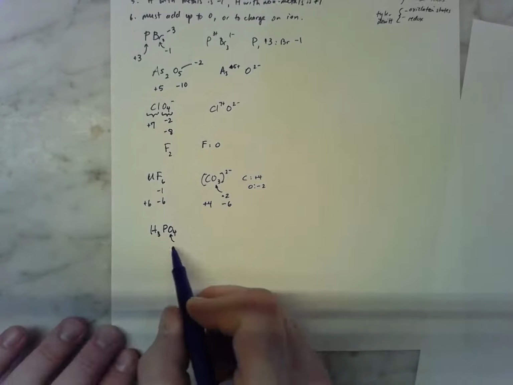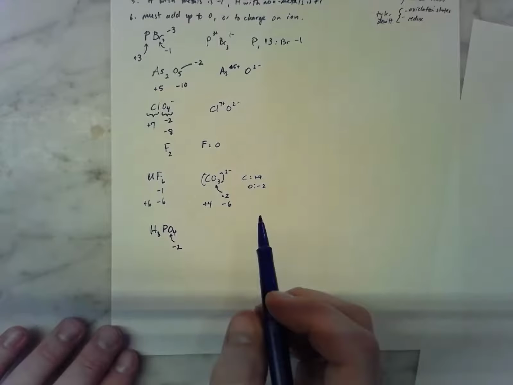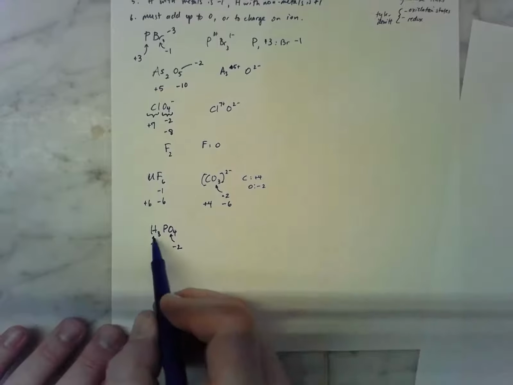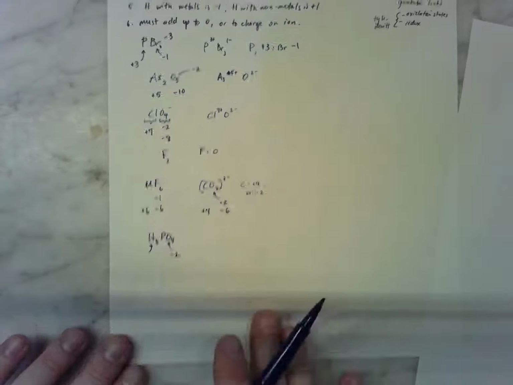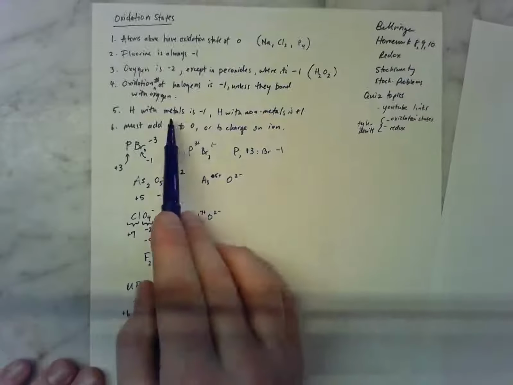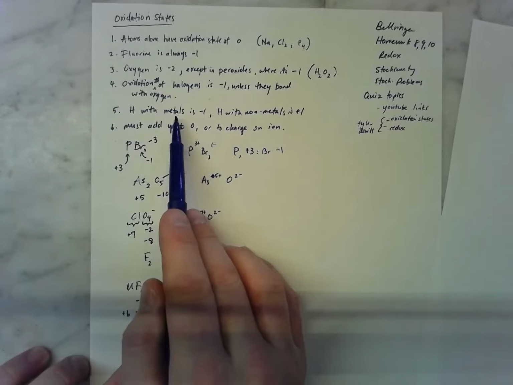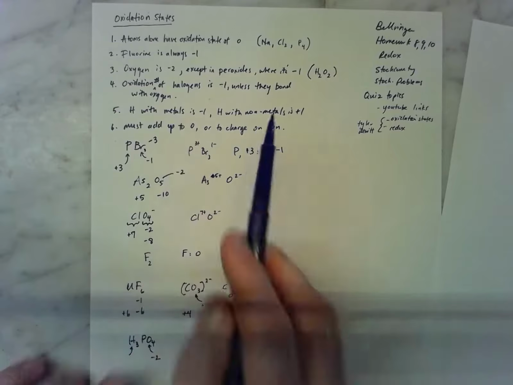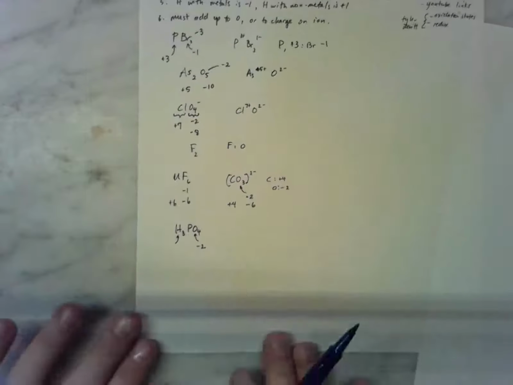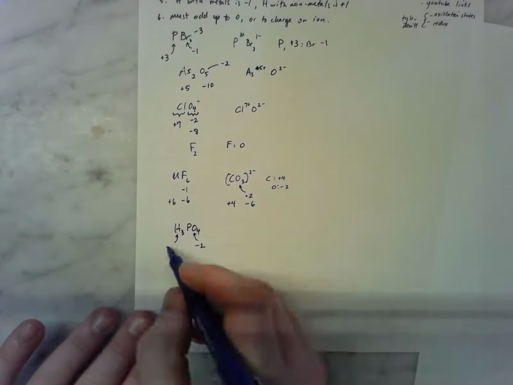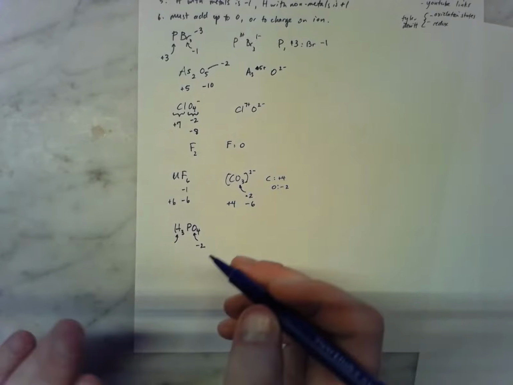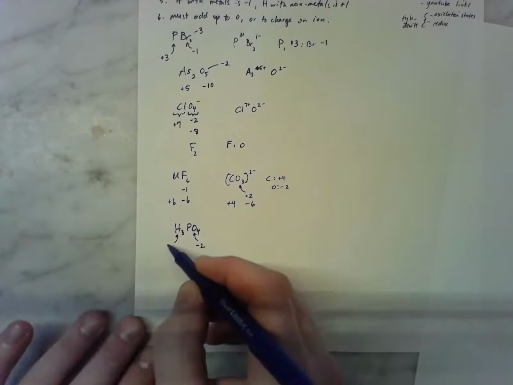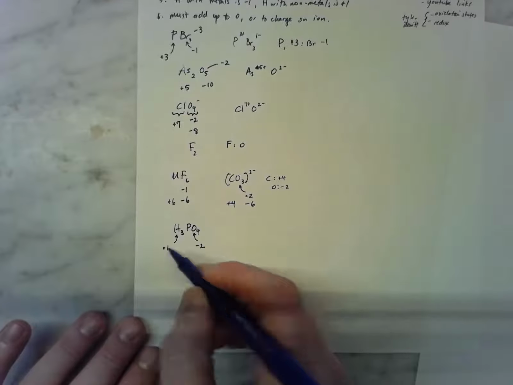Oxygen, so -2. What's the rule about this hydrogen? It could be a +1 or a -1. Is it with metals? Nope. P and O, those are both nonmetals, so it's got to be a +1. We have a rule for it, so we know that it is a 1+.